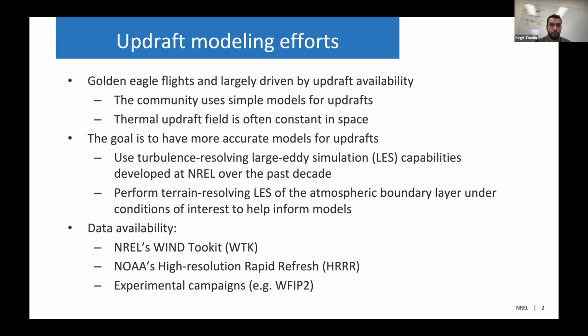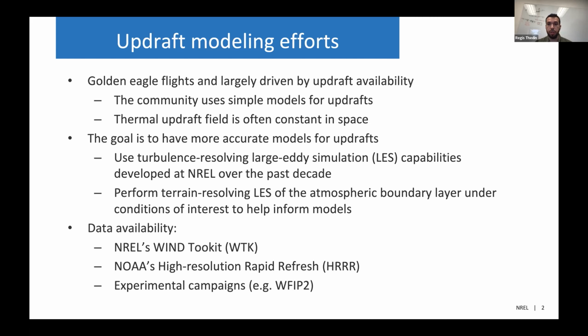This is important because eagle flights are largely driven by the availability of vertical velocity, because the birds want to use that to keep soaring. And oftentimes the community uses relatively simple models for updraft, and the thermal ones are usually constant in space, which is not very realistic.